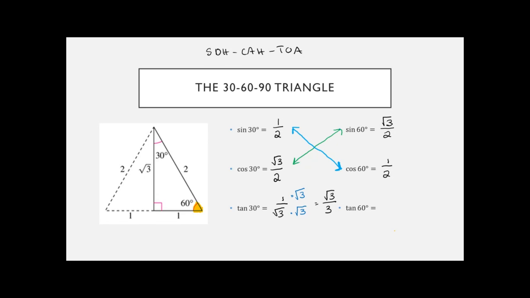And so those are essentially equivalent trig functions here. And then tangent of 60 degrees. So our opposite is the square root of 3. And our adjacent is 1. So tangent of 60 degrees is just square root of 3. And it actually ends up being the reciprocal of tangent of 30 degrees.